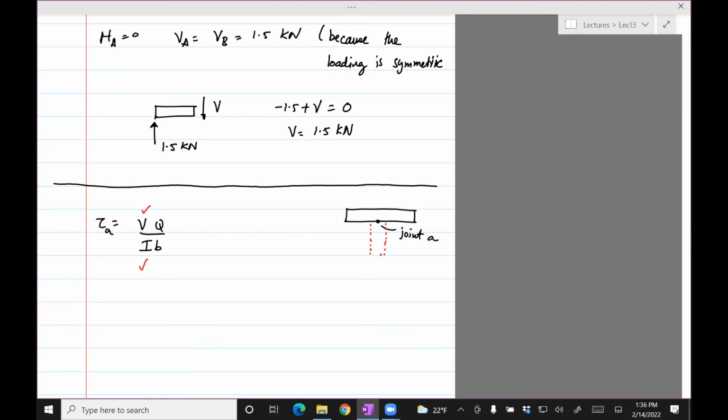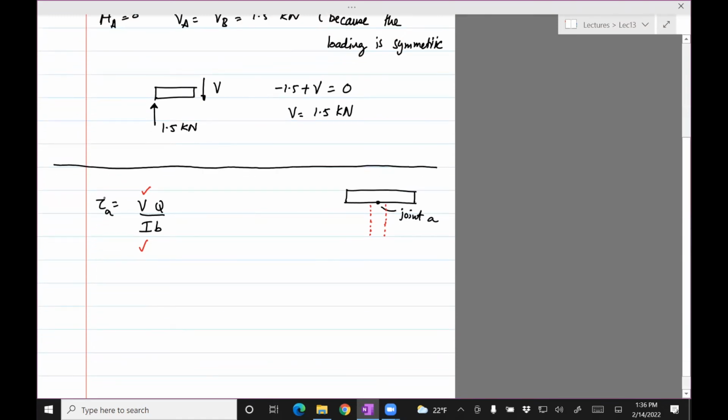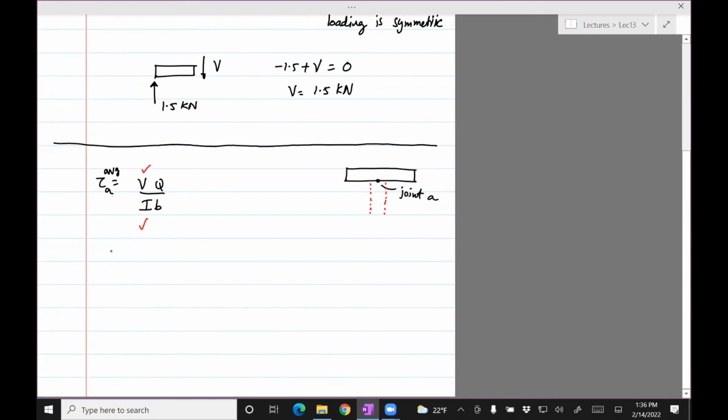Now Q and B are the unknowns, since we are interested in the average shear stress. Q is the integral of y dA, so it's the first moment of the area.